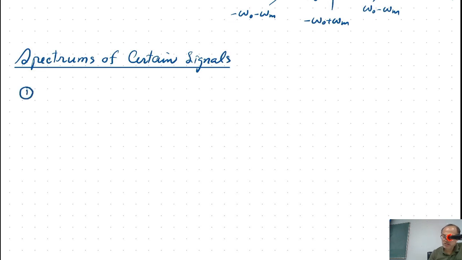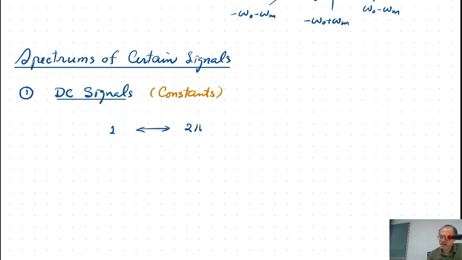One is of course the DC signal. So what are DC signals? DC signals are just constants. So we know that if you take the Fourier transform of 1, the result would be 2 pi delta of omega. So the DC signal has a frequency presence only at omega 0, at 0 frequency.